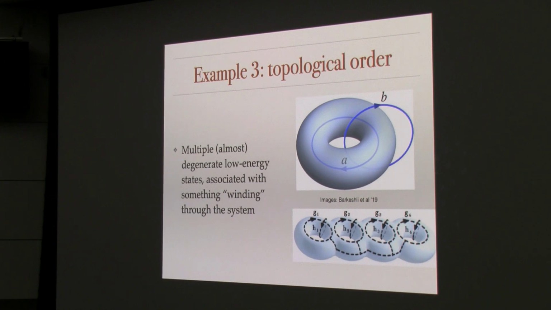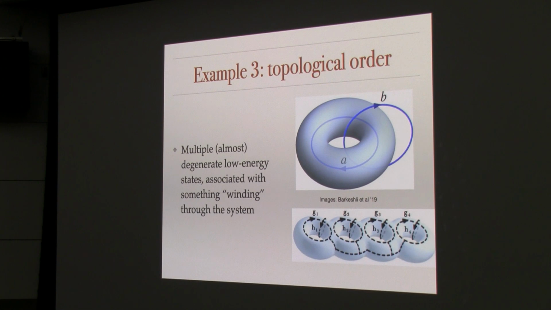But maybe I have a few bulk states that are very low in energy and all have the same energy, a degenerate ground state space. And maybe that degeneracy is there not because of some coincidence. When things are 0 or almost 0 generically, it's not a coincidence, but they're there because there's something that winds in the system. And that can wind in different ways. This is what we call topological order.